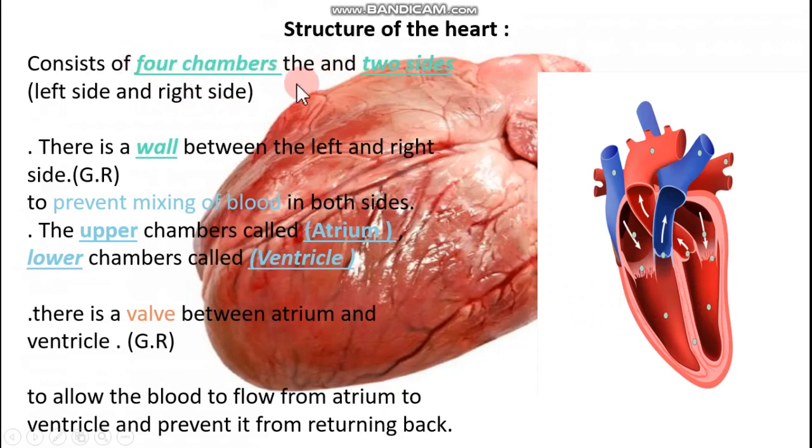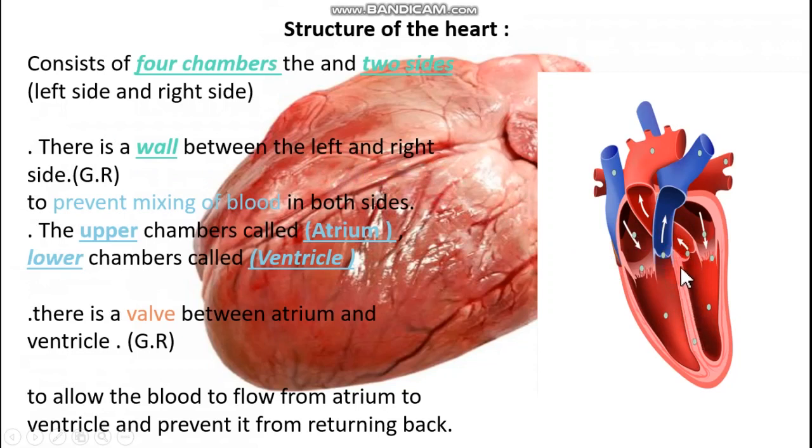The heart has two sides, side number 1 and side number 2. Each side consists of 2 chambers, so the total is 4 chambers. There is a wall between the left and right side.